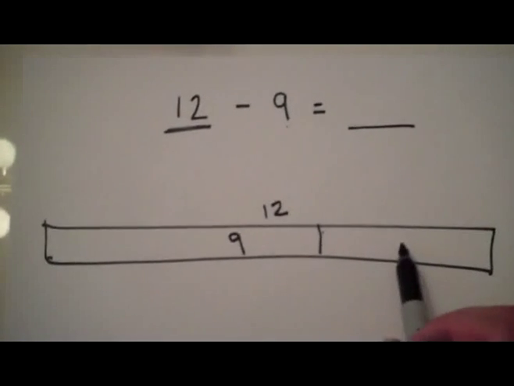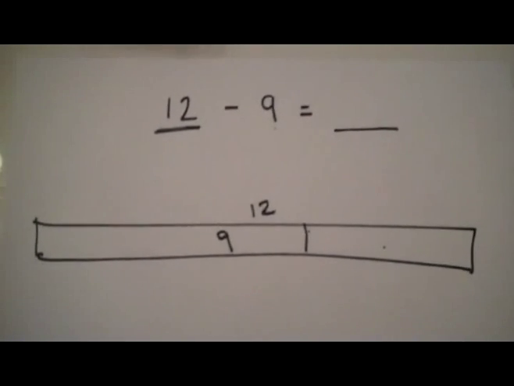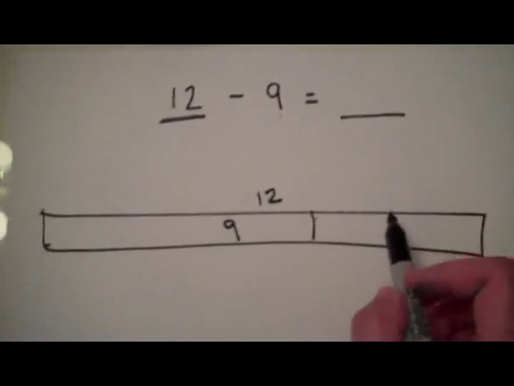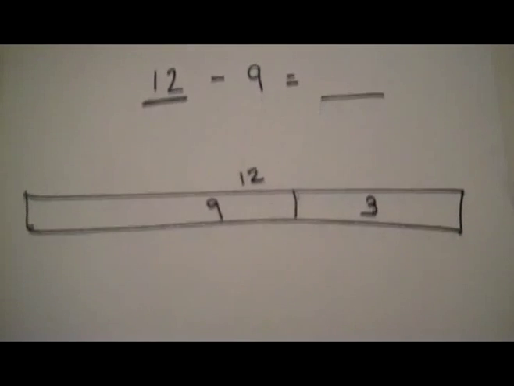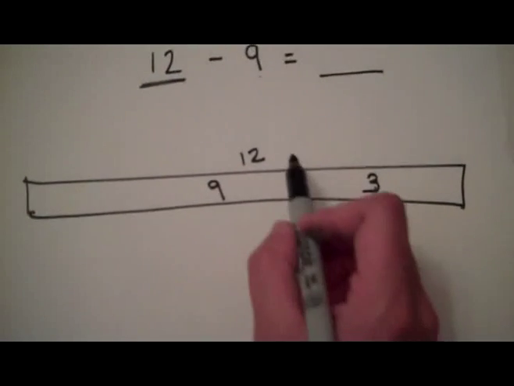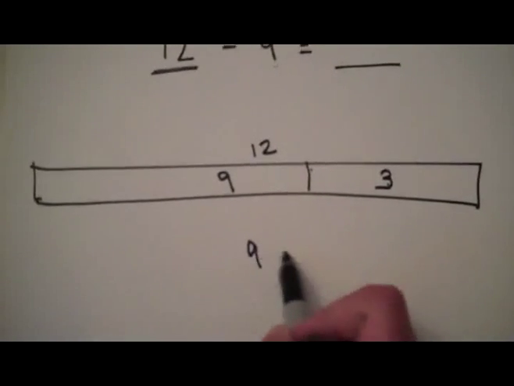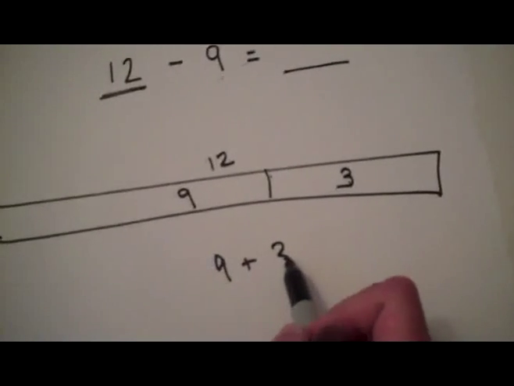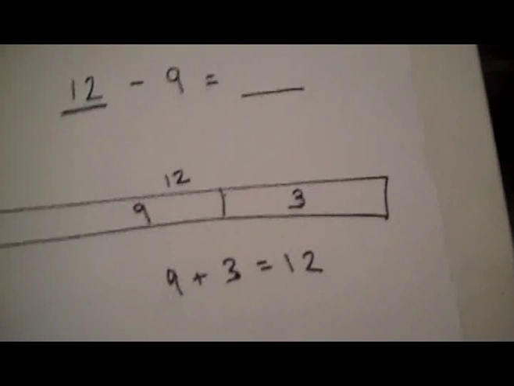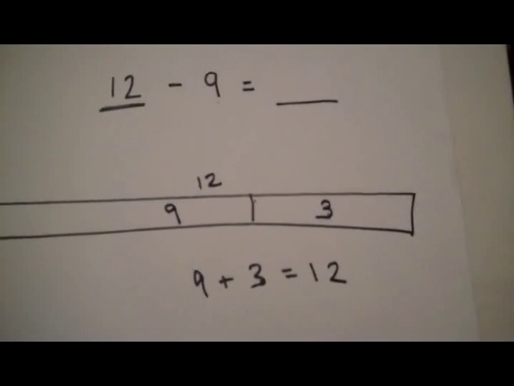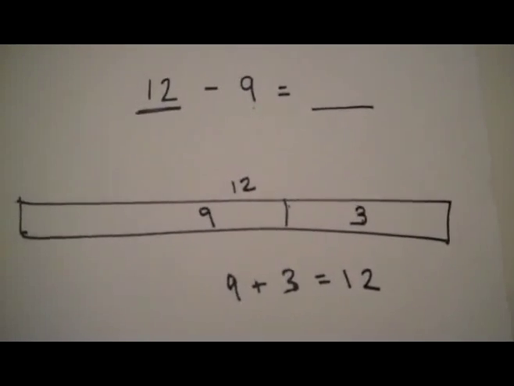And you are solving it to figure out the last part. Your answer is 3. You can check this by saying, do my parts equal my whole? Does 9 and 3 equal 12? Yes, it does. So we did that correctly.